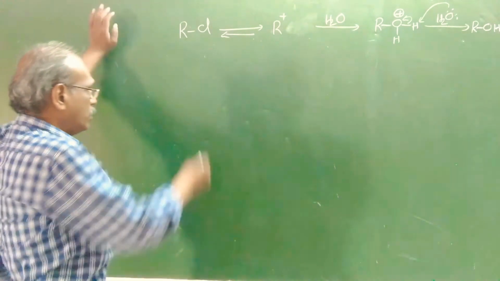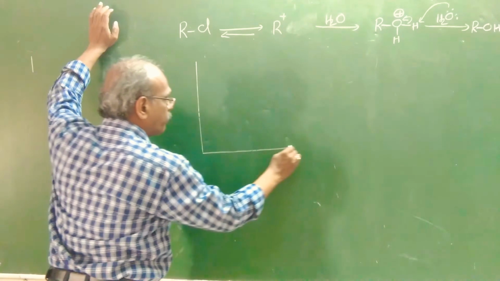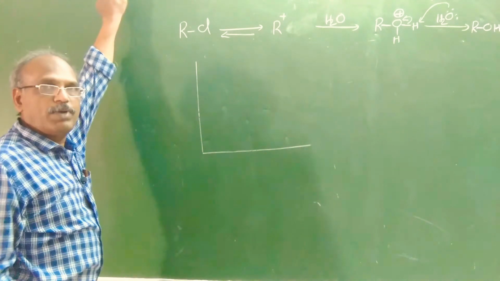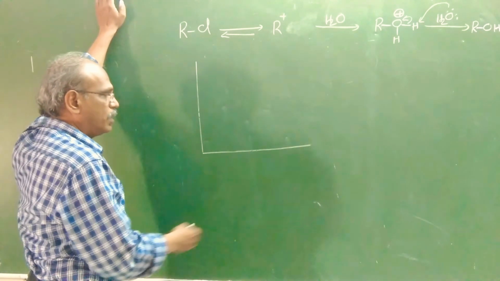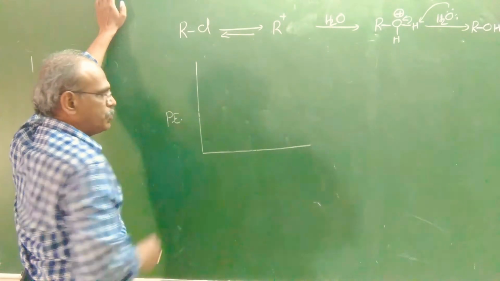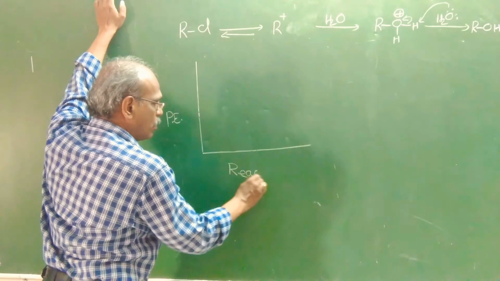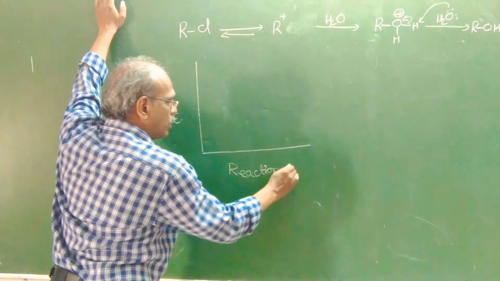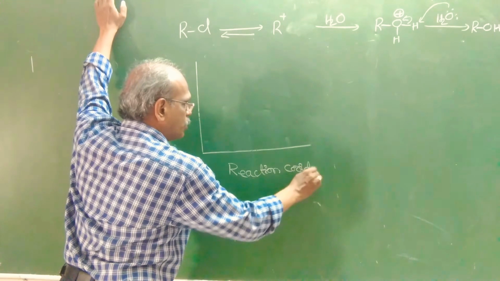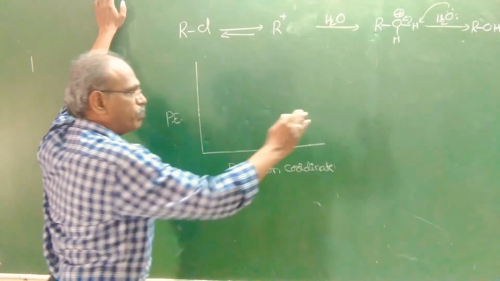Now let's see the energy profile diagram. We have seen in chemical kinetics, on y-axis potential energy, x-axis reaction coordinate, indicates direction of reaction, reactants to products.